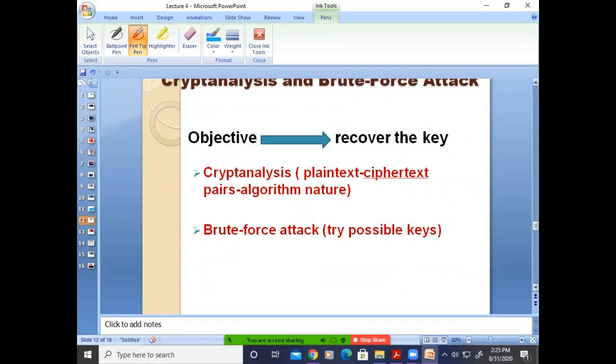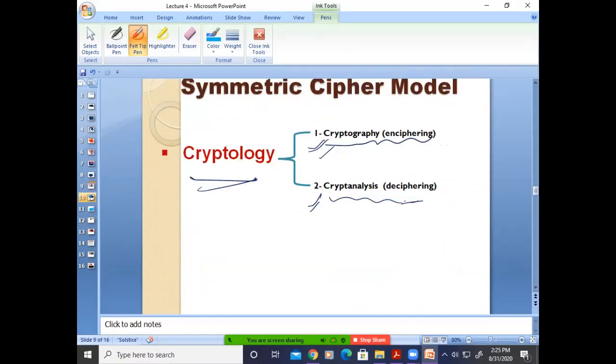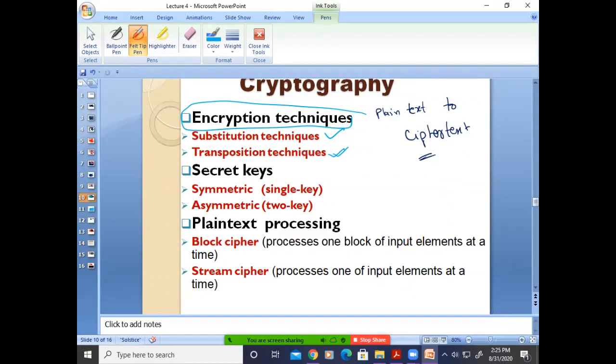Now that is about the encryption techniques, or we can say different algorithms. Now apart from this, we need to know about the secret keys, right? How many keys are we using? Is it a single key or multiple keys? If we are using the same key for encryption and decryption, on the sender side and receiver side, we say symmetric encryption, or conventional encryption, or single-key encryption.